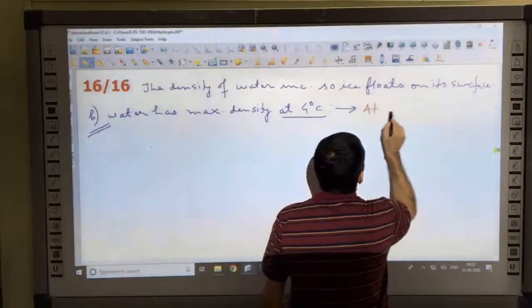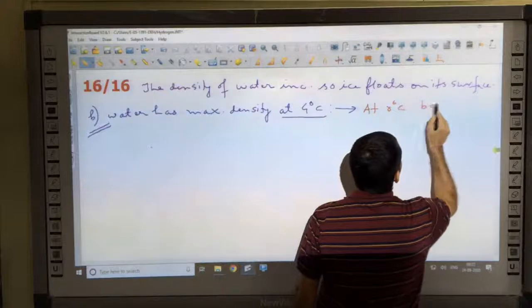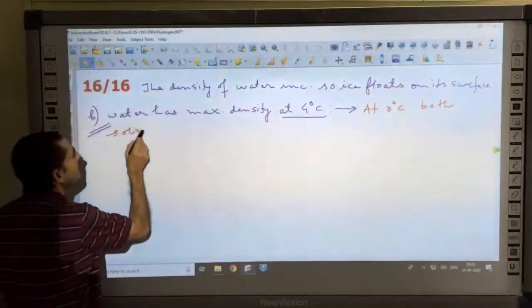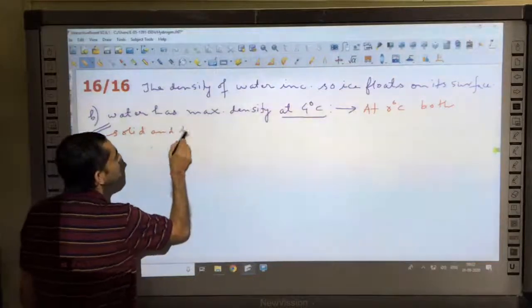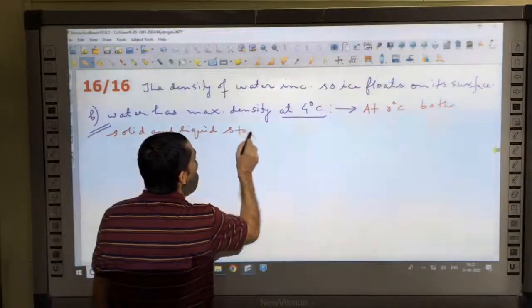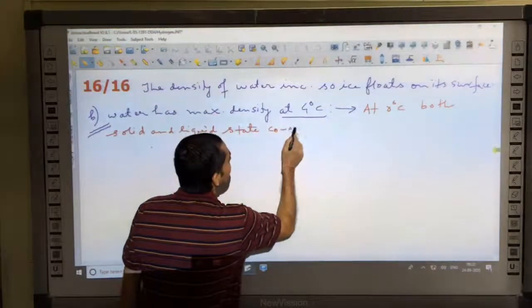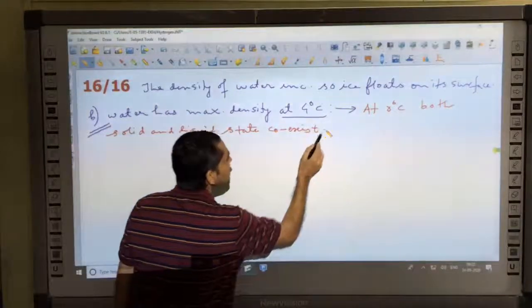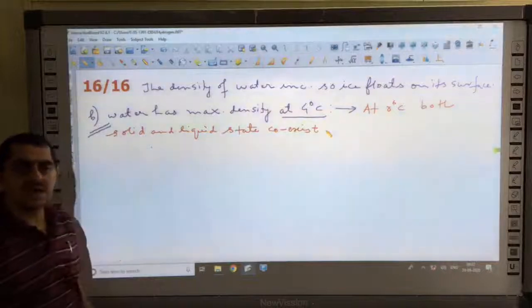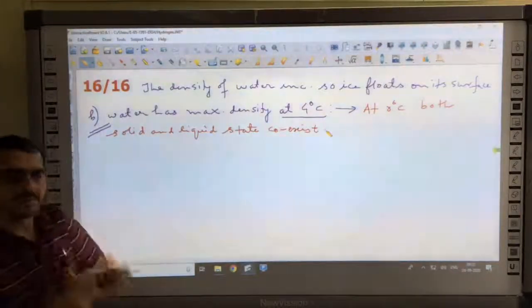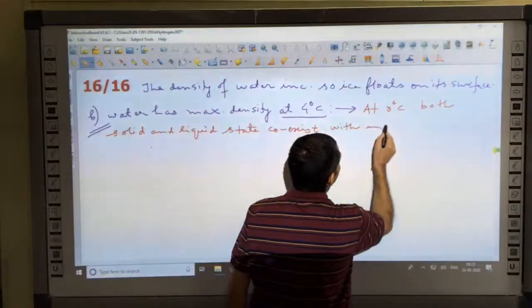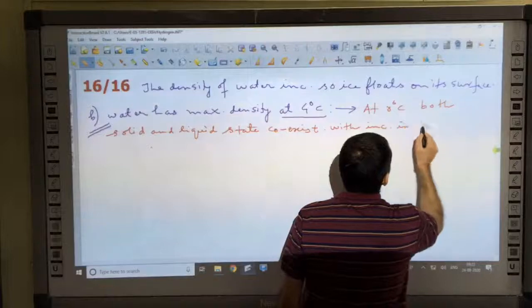At 0 degrees centigrade, both solid and liquid state coexist. When temperature is 0 degrees centigrade, then ice and water, both structures are existing. Both states are present.